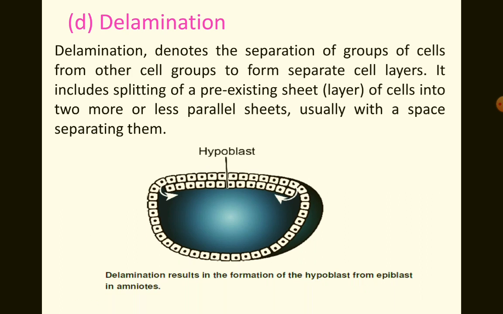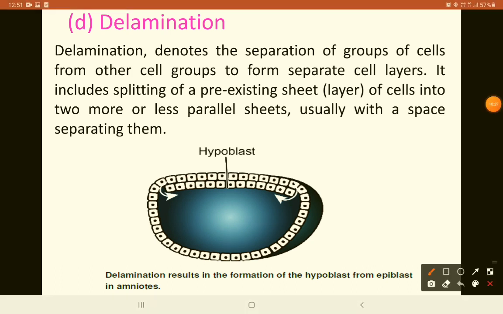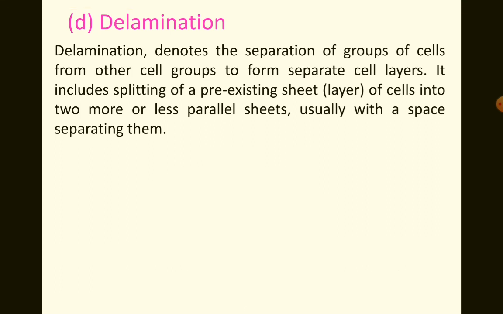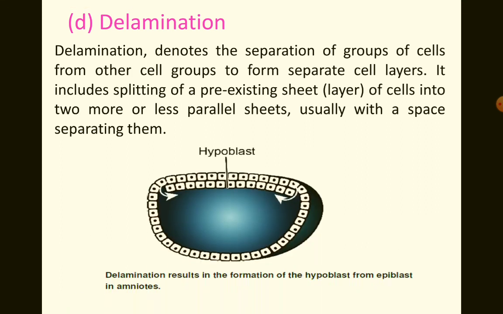Here you can see a layer of blastomeres, and during delamination this whole layer gets detached and forms a separate layer. As this layer moves down, you find some space in between. That's how delamination occurs, and this is very much evident in the gastrulation of chick and other amniotes.